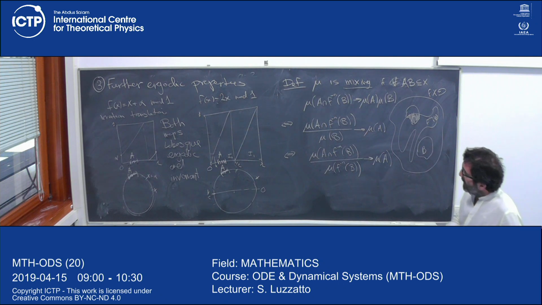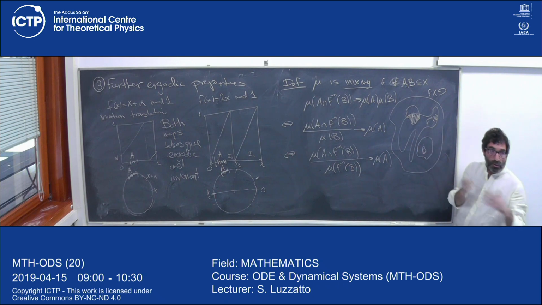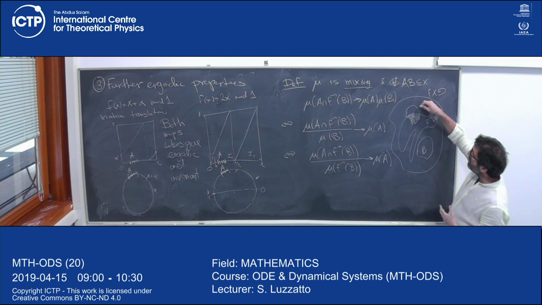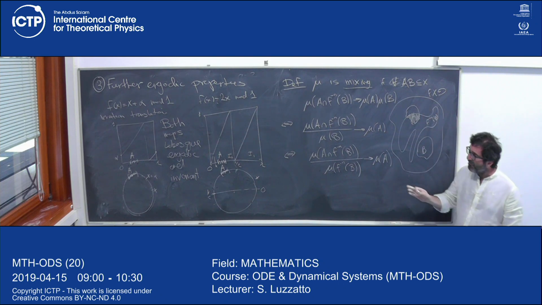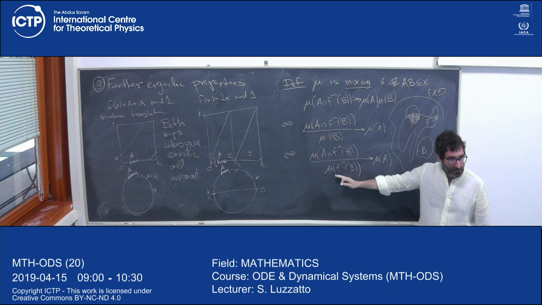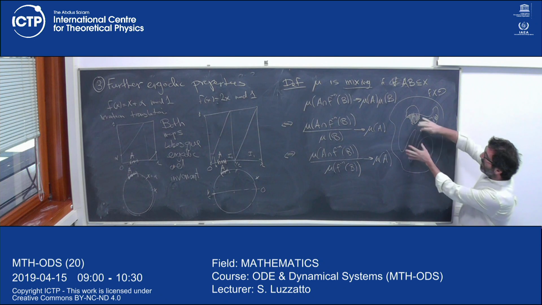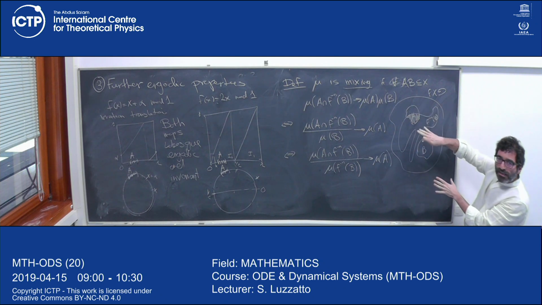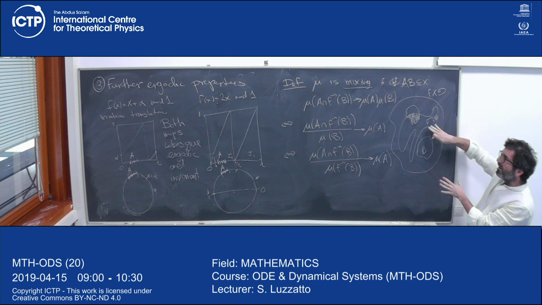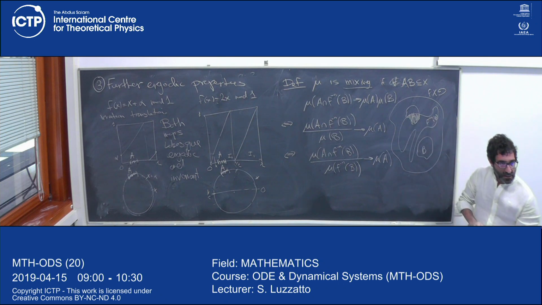B may have small measure, even measure epsilon. It doesn't matter. F minus N of B will always have measure epsilon. But we're looking at how F minus N of B, which has very small measure, intersects A in proportion of F minus N of B. Half of F minus N of B is intersecting A.